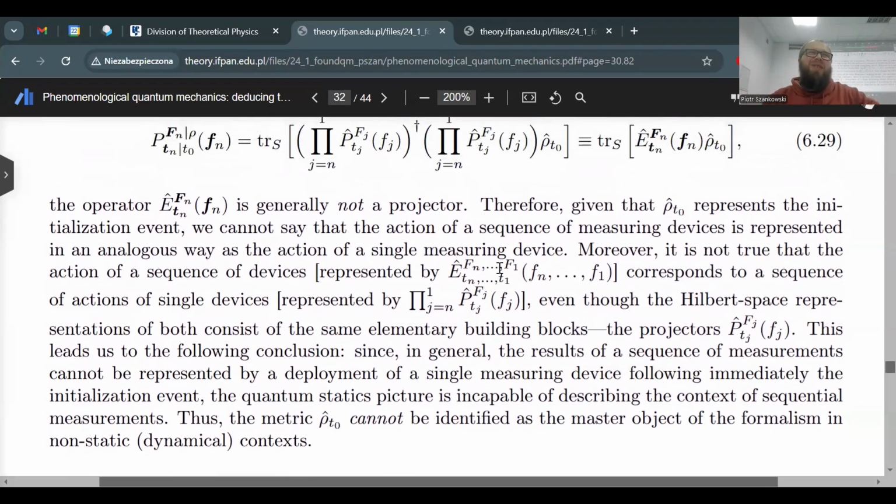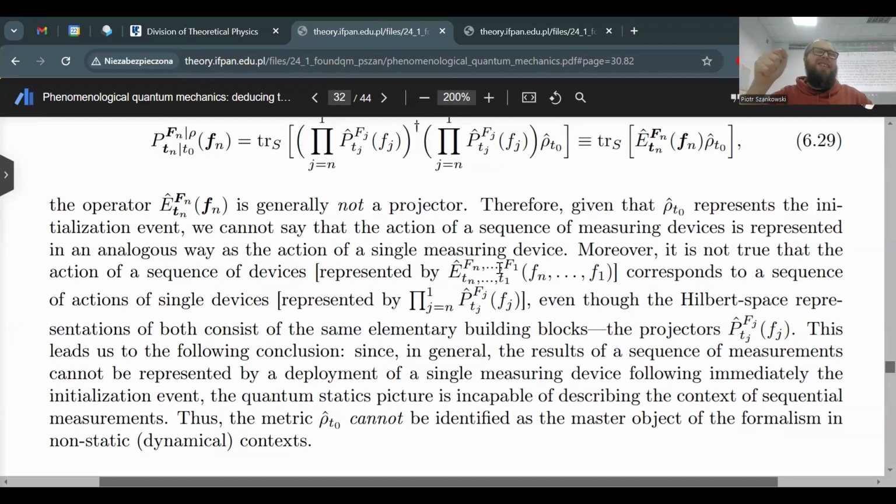I mean, if you want to claim that this E-POVM is a new fundamental thing, you would do this only to preserve the idea that rho is a master object. You do your best to preserve that idea.